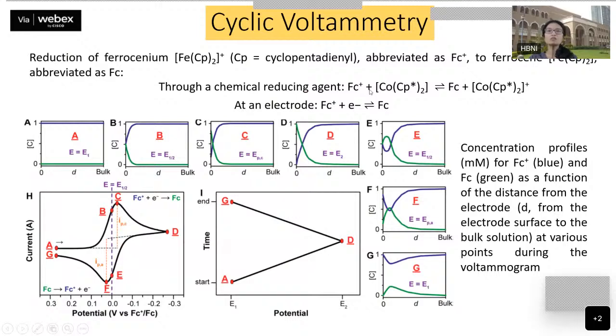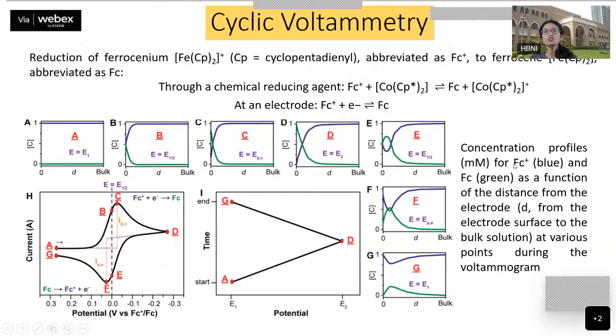So the ferrocenium ion is moving to ferrocene, a reduction reaction. And this is the CV you have obtained when running this reaction. All these small graphs, A, B, C, D, E, F, G, show you the concentration profile in these different regions of the cyclic voltammogram, which is shown over here.